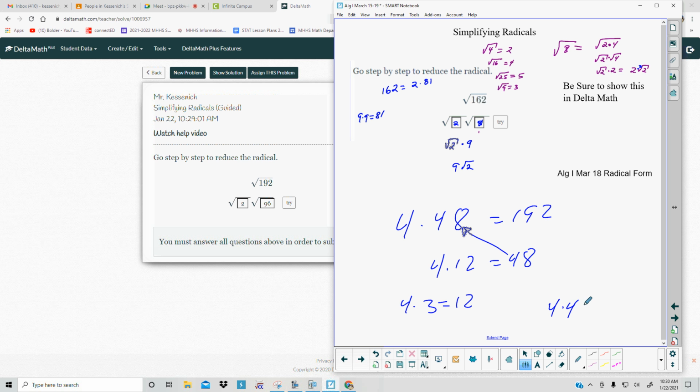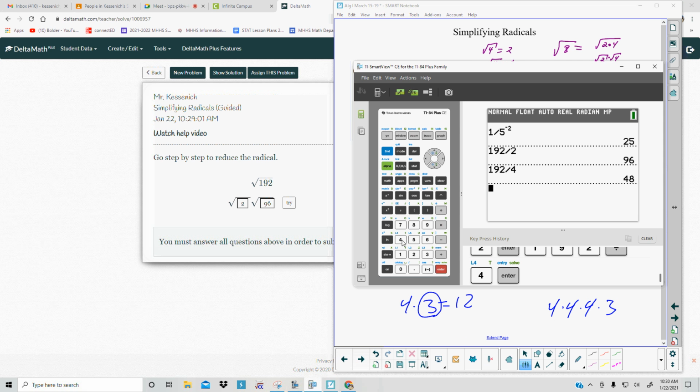So a 4, a 4, and a 4, and a 3. This 3 is left over here. Let's try it. So 4 times 4 times 4 times 3 is 192.